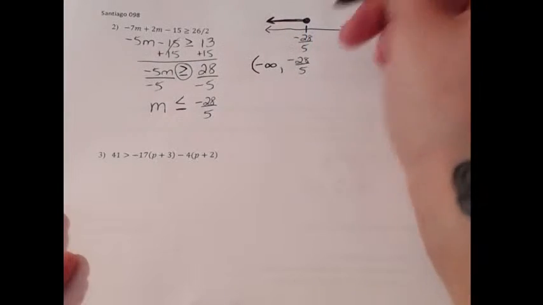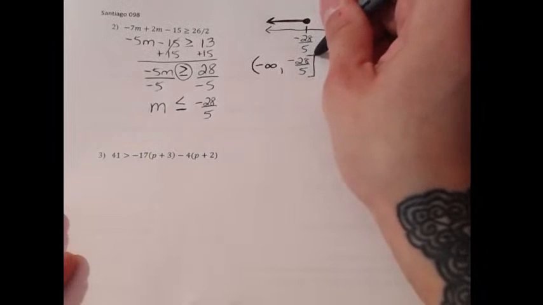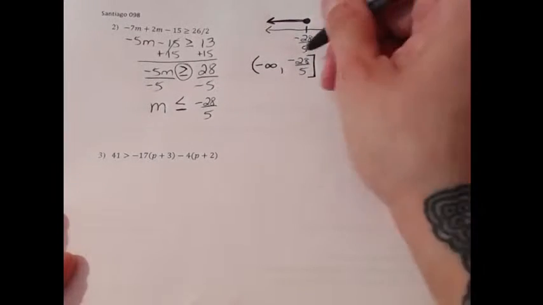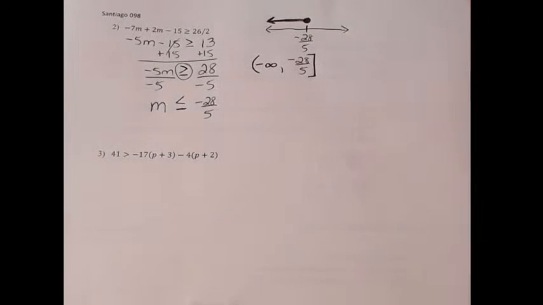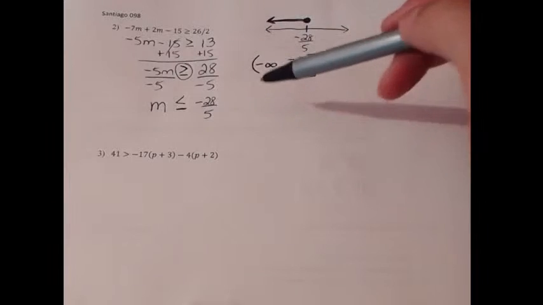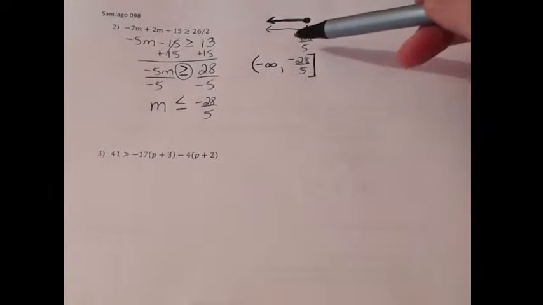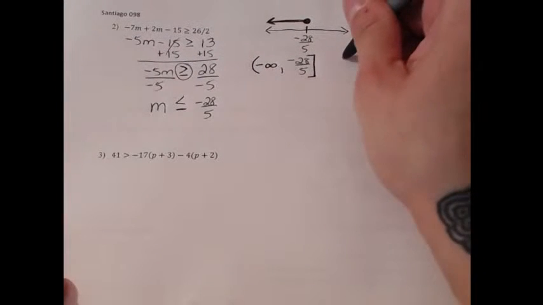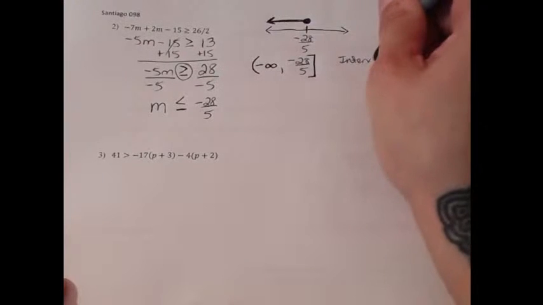So it's a closed dot, so it's a closed bracket, right? Think of this as really strict and rigid, like a closed door. So we're open here, approaching negative infinity. Then bam, here we're including the negative 28/5. So we're going to close that using a bracket. Excellent work, Hannah. So here's our interval notation.